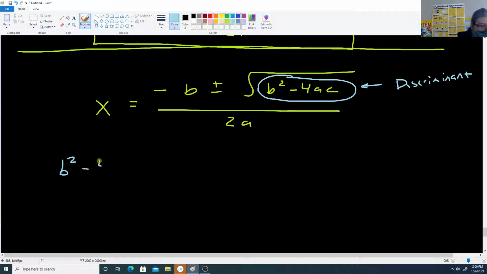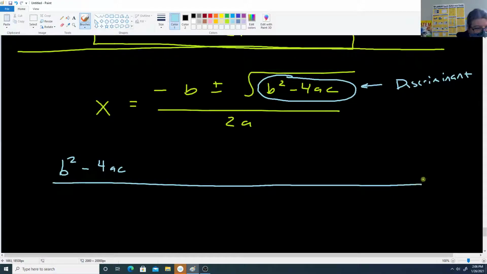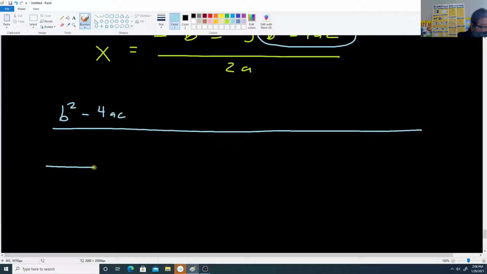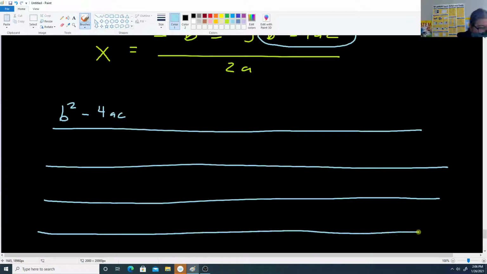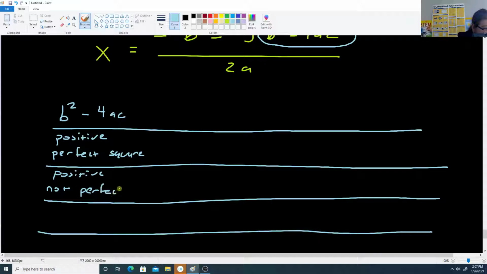So if we have b squared minus 4ac, there are going to be 4 different cases that our answers will break up into, depending on what information we have. It could be positive and a perfect square. Could be positive but not a perfect square. Could be 0. Or it could be negative.